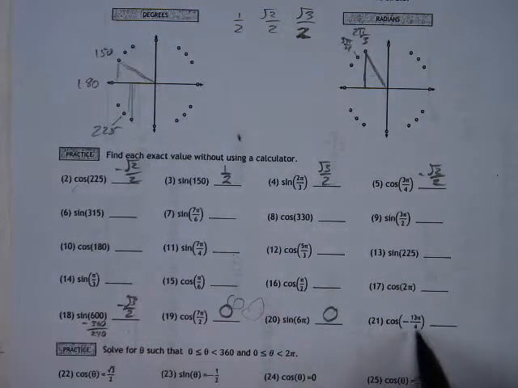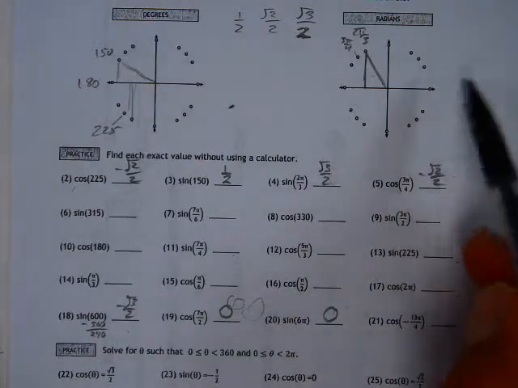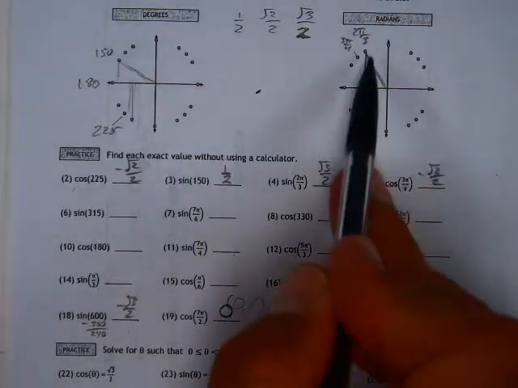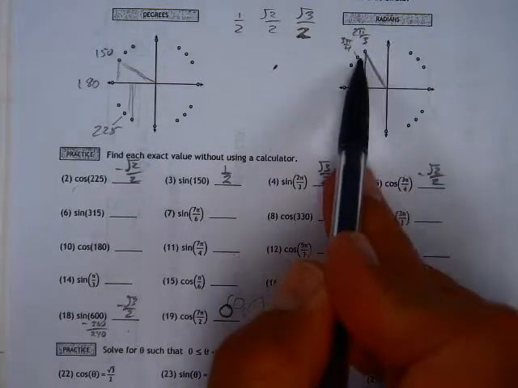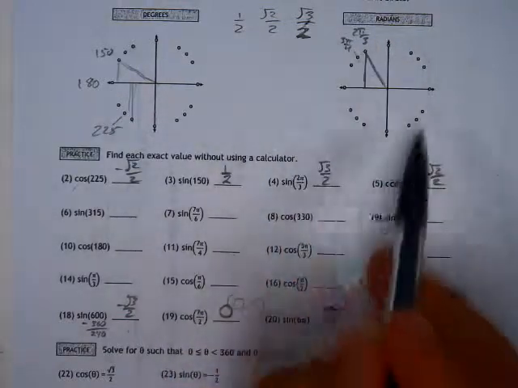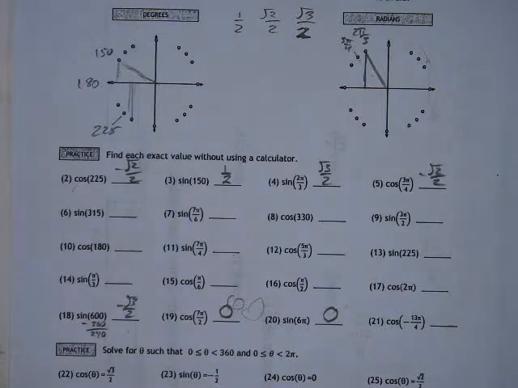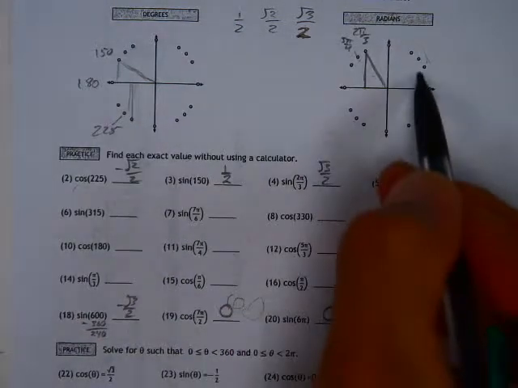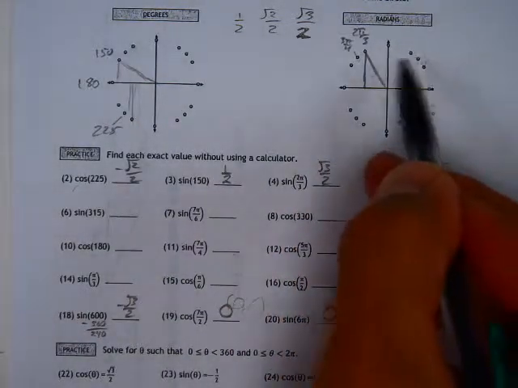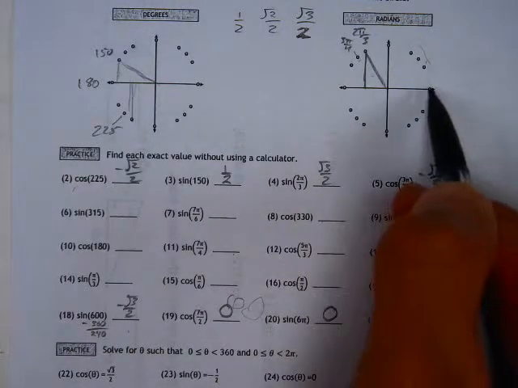13 pi over 4, and it's negative. Well, again, if we're counting around in terms of pi over 4s, let's do the front way first. Pi over 4, 2 pi over 4, 3, 4 and 5 pi over 4. If you look at the pi's over 4 around the unit circle, it's 1, 3, 5, and 7. And so any odd number is going to be a denominator of 4. So 1, 3, 5, 7, 9, 11, and 13. And the cool thing about that is you can do it the opposite way.